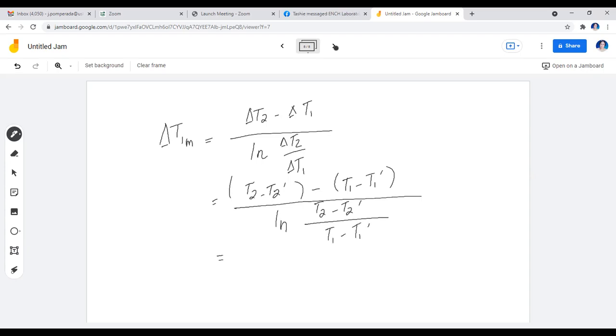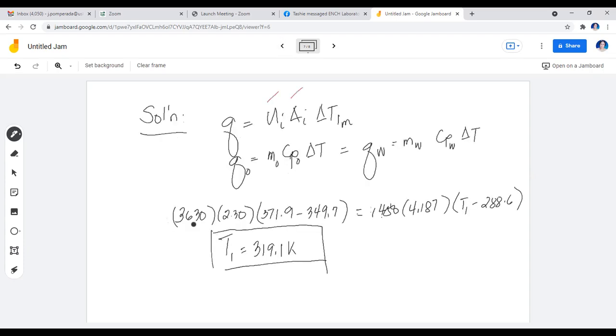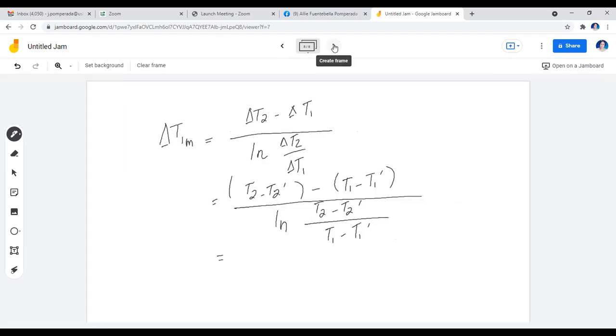If we substitute values, so as to save us time, we will substitute all the values here, including the T sub 1 that we got out of equating these two relationships, the Q's of the oil, the amount of heat transferred from the oil to the water. Your delta T log mean is 56.9.